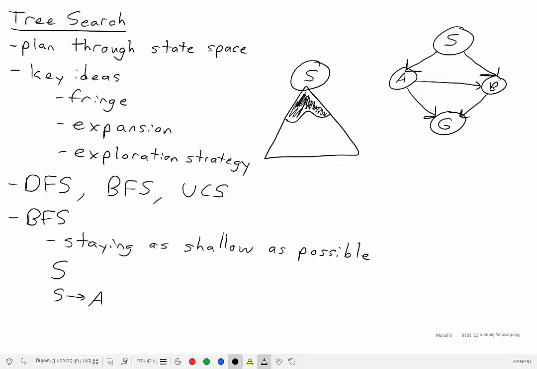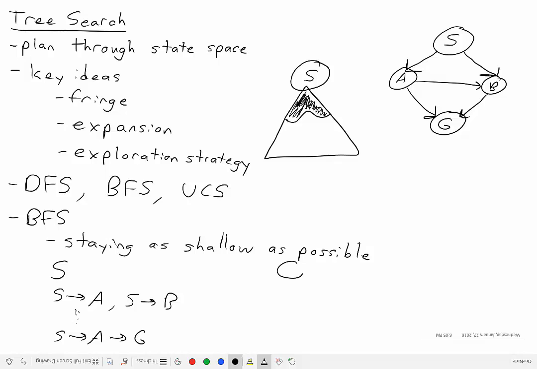I'm going down by depth, where depth is defined as the distance to the start state. Then I'll look at the next level, and then there are no more nodes at that level. And then at the next level, if I do some work, I'll see that S, A, G is what breadth first search will find. You can check this by just looking at the graph: if I follow path 2, that's the quickest way I can get from S to G.